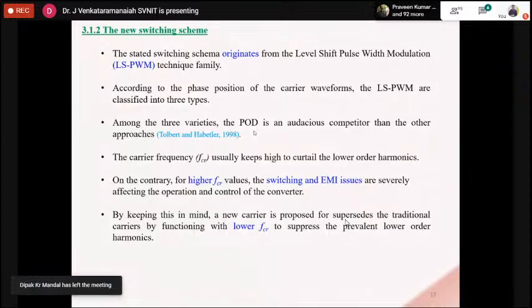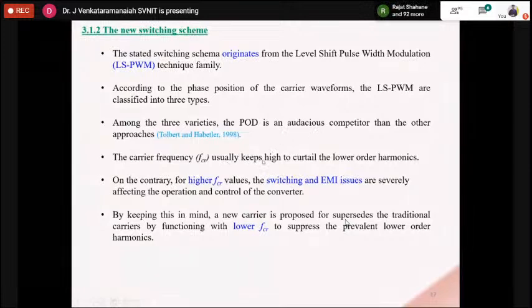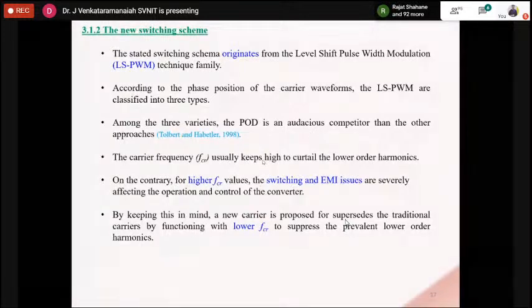Am I right? When we reduce the carrier frequency as low as possible, we can reduce the dV/dt ratings, so stresses come down and switching losses also come down. As switching frequency increases, switching losses will be high. That's why we need to operate at a lower frequency in multi-level.